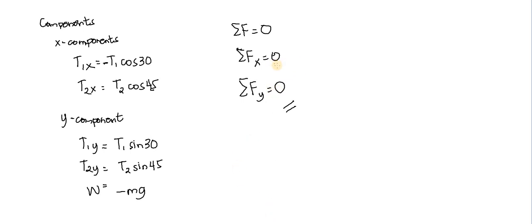So let's have first the summation of forces along the X is equal to 0. For our x component, summation means add. So we will have t sub 1 sub x plus t sub 2 sub x equal to 0. Then let's substitute the value.